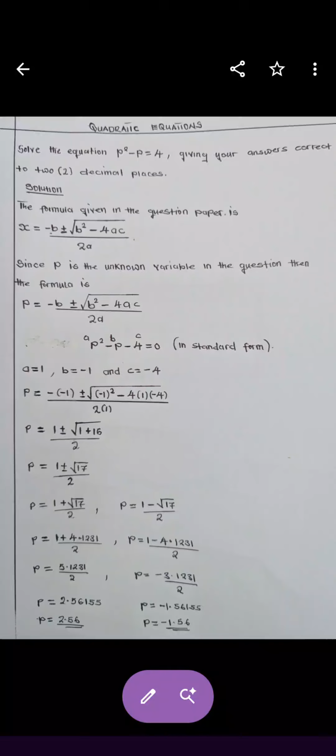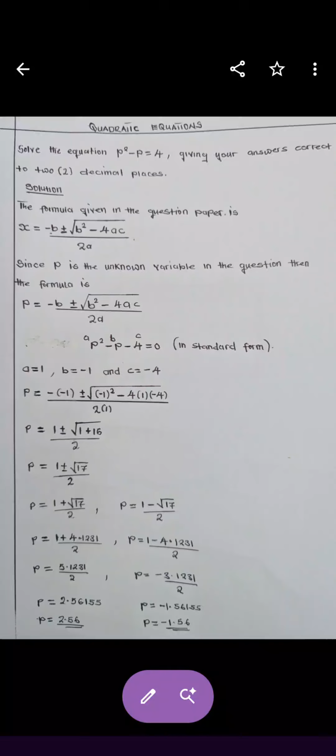Now, after we have identified the values of a, b, and c from the standard equation, we are going to substitute the same numbers in the given formula. As you are substituting, make sure that you introduce brackets.